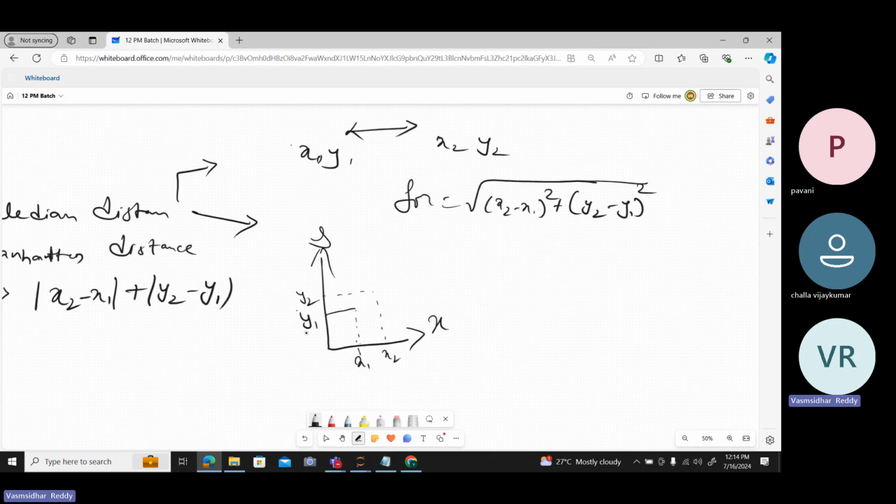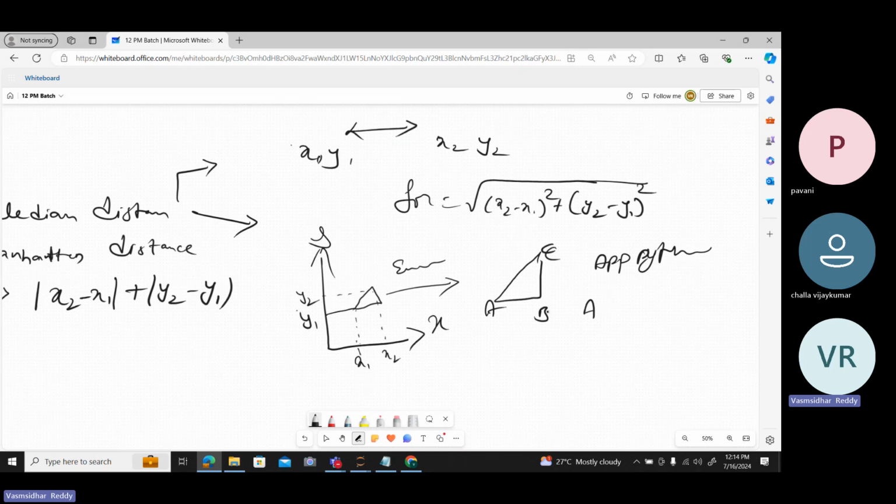This forms a right angle triangle A, B, C. Apply the Pythagoras theorem here.